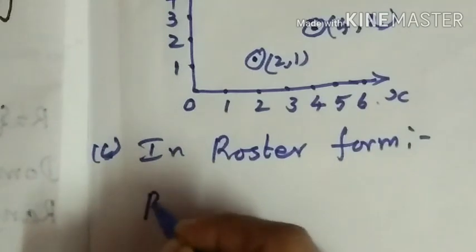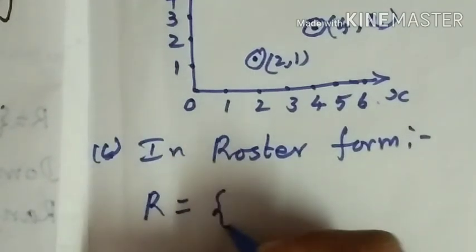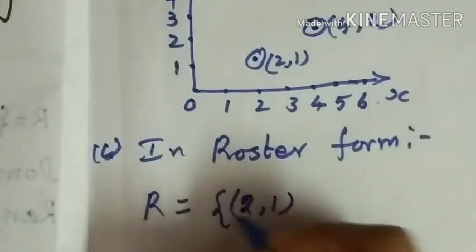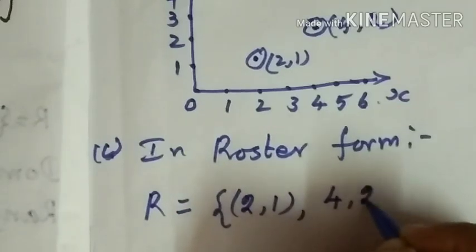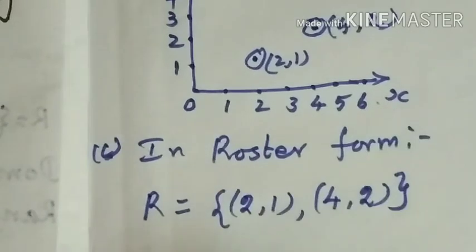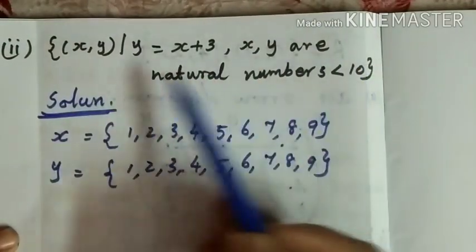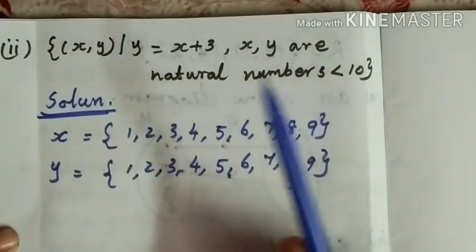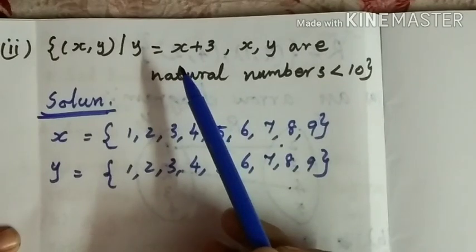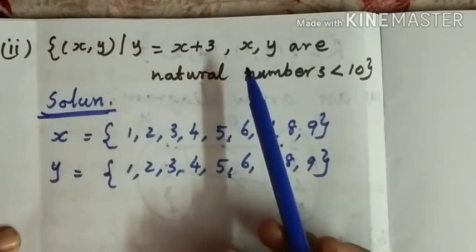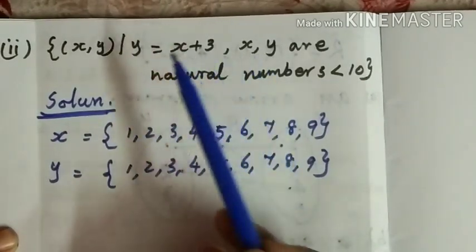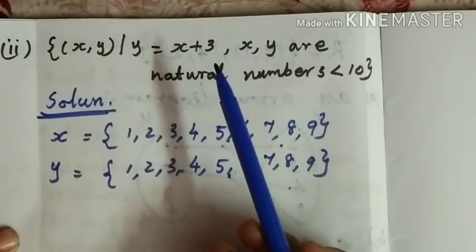R is equal to {(2, 1), (4, 2)}. That's all. In this subdivision also, the relation is given in roster form, and here also you need to represent this relation in arrow diagram, graph and roster form.